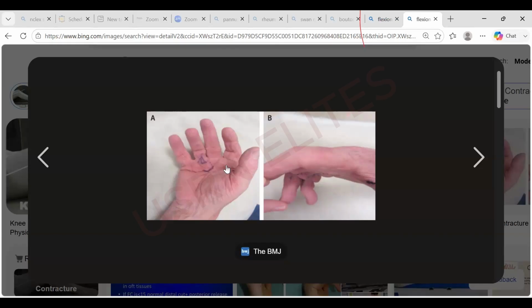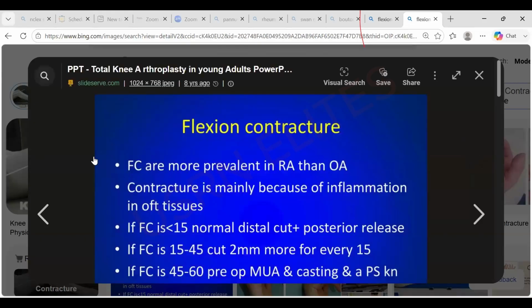So over here, your management should include what? Preventing contractures. You understand? As we saw in amputation.